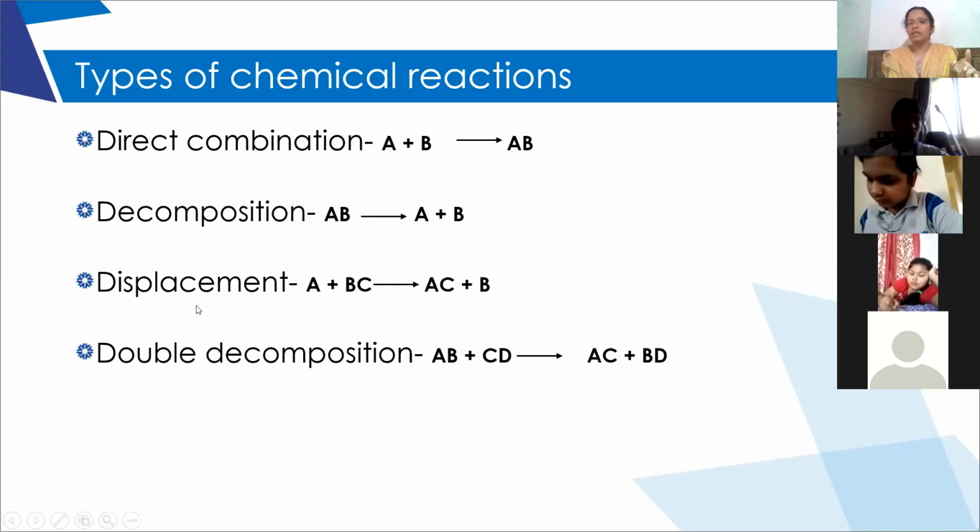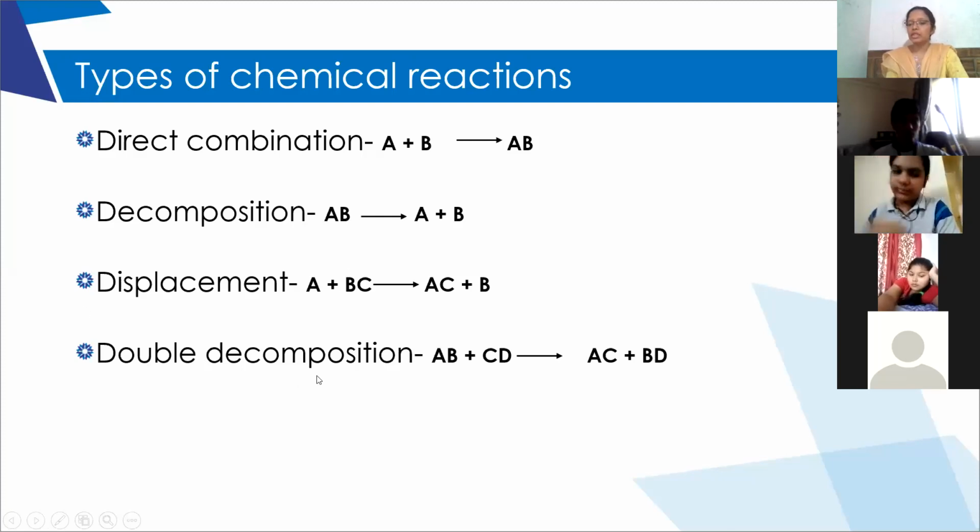So we define displacement reaction as a reactant displacing or replacing another reactant from its solution. You cannot simply write that one substance replaces another. You have to mention from its solution. It is called a displacement reaction.